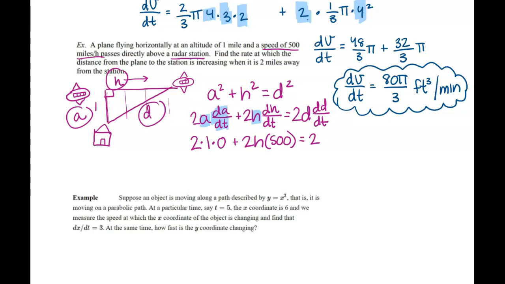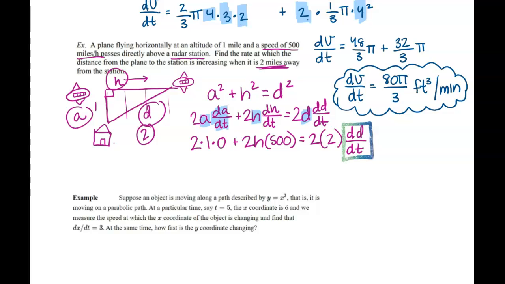Well, our distance is 2 miles away because we're looking for when the plane and the station is 2 miles away from each other. So 2 times D, which is 2, dD/dt, that's what we're trying to find. So this right here is what we're ultimately trying to find, the rate of change of the distance that the plane is away from the station.